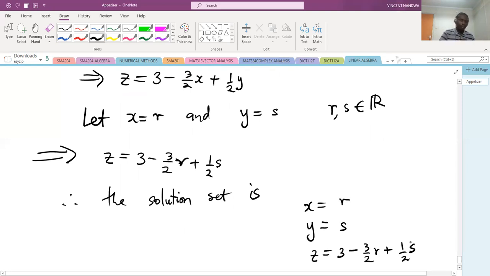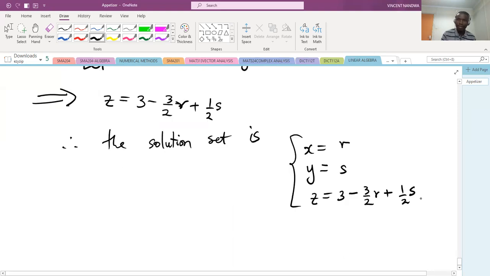So that is what we have. And remember to specify that r and s are real numbers.